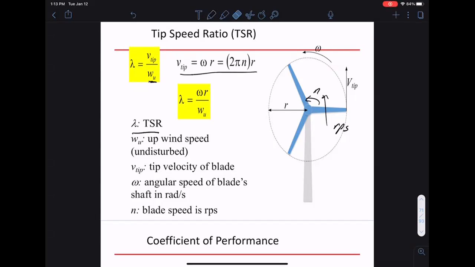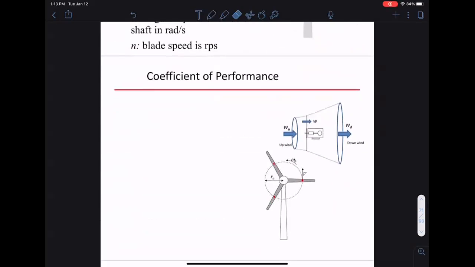The way this is used is basically the following. I can compute this tip speed ratio, and then look at the coefficient of performance. Recall this is in the gamma formulation.